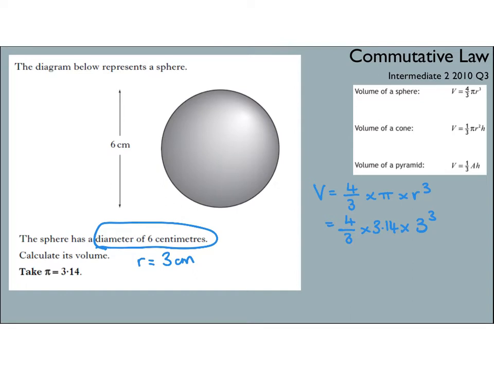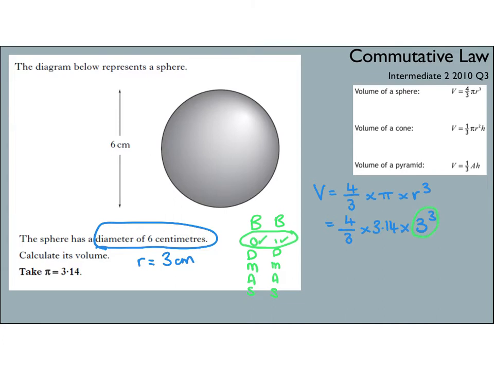Okay, right, so what do we have here? Everything's multiplied, but we've got this power as well. So remember, we're going to have to use BODMAS or BIDMAS, where we have order or indices, depending on what your teacher calls it.